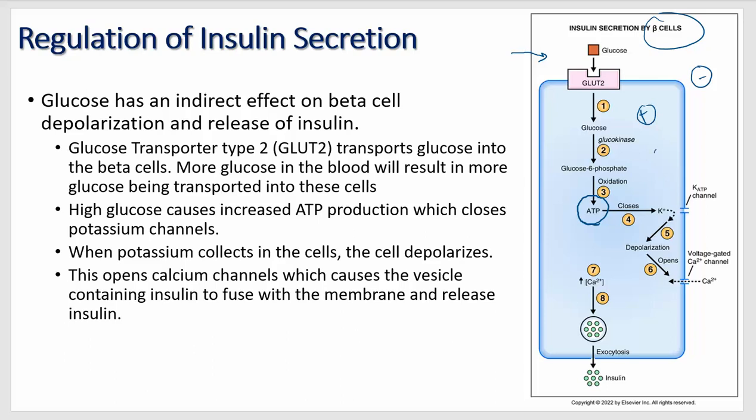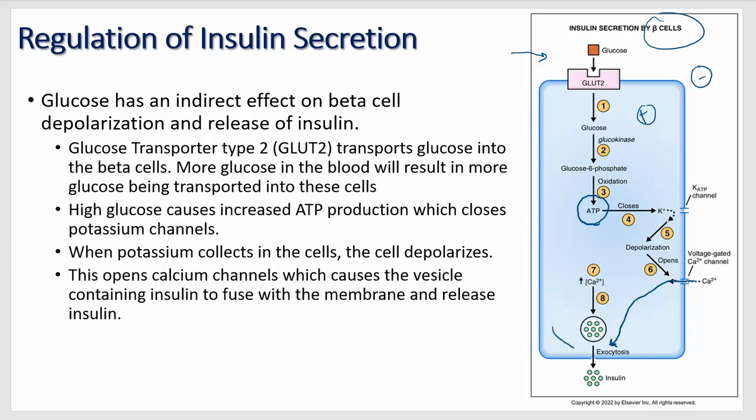It goes from being, I wish I knew the numbers here, but let's say -50 to reaching a threshold of -20 or something like that. So that is a depolarization event. That depolarization event will then cause calcium channels to respond, allow calcium in, and cause exocytosis.